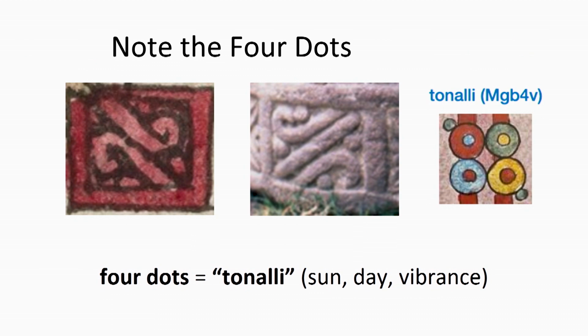And then there are little dots hidden in among the speech scrolls, four little dots. And those little dots were called tonali, which referred to the sun and to a day. Of course, the sun visits us for a day, and vibrance in general. And there was a tonali that a person could have, which was a personal animating energy located in the head.